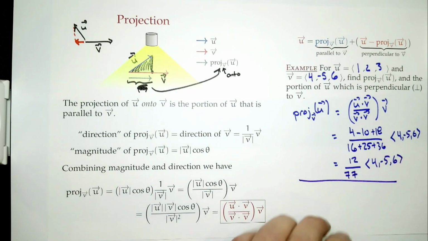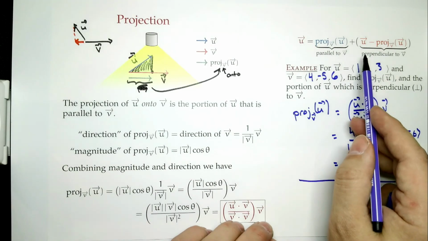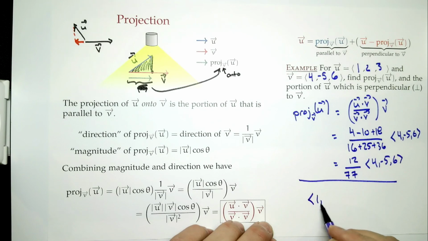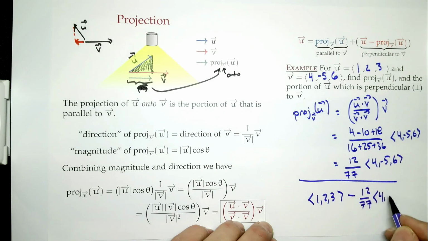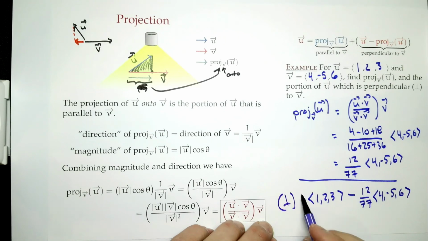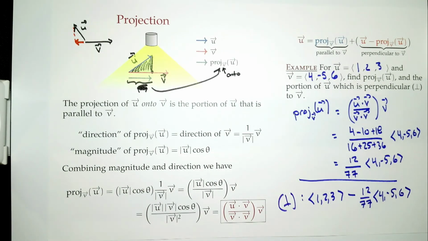How do we find the perpendicular part? Well, let's take your vector, (1, 2, 3), and subtract 12 over 77 times (4, -5, 6). So this is the perpendicular part. And that's it. On a side note, you might say, oh, this is easy, we'd probably never see this on a test.